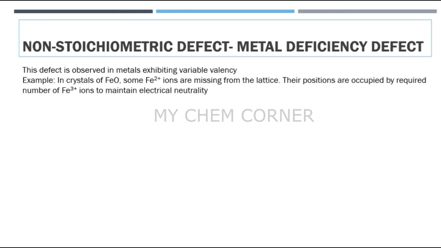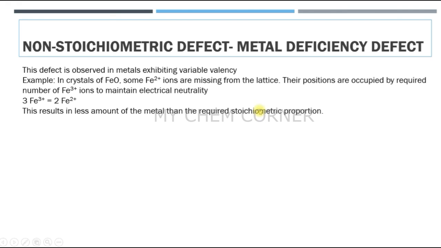So when Fe3+ ions, which have higher valency, are occupying Fe2+ positions, what is happening? Naturally, there is a lesser number of cations. So in this case, you will observe that less amount of metal is present than what is needed to maintain stoichiometric proportion, right? So there you have metal deficiency defect observed.